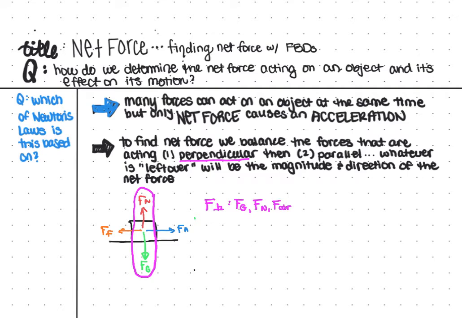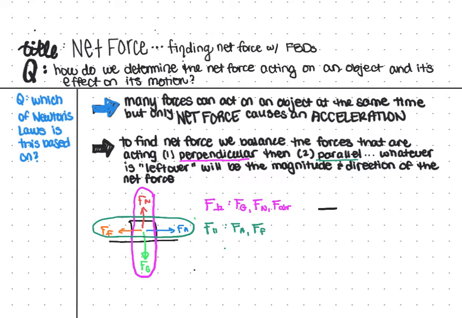In addition to perpendicular forces, we also have parallel forces. In terms of parallel forces, we're going to look at those that are with the horizontal. In this case, things that are often parallel are the applied force and usually the force of friction. And together, this gives us this idea of net force.